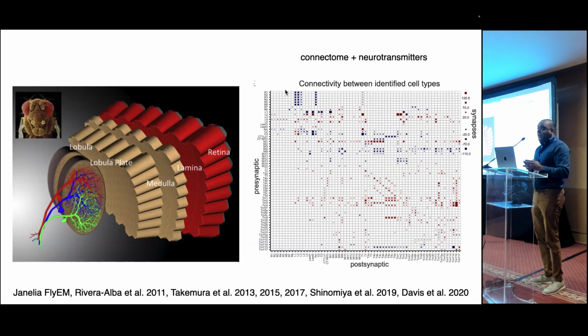We know which neurotransmitters are expressed and released by each presynaptic neuron, and also some idea of the receptors on the postsynaptic side. And so using that, we were able to color code these connections into excitatory and inhibitory connections. And we also know for each pair of neurons how many synapses are made. So that synapse count is reflected in the sizes of these squares that we have here. So this is an incredible amount of detail, the information that we have access to.